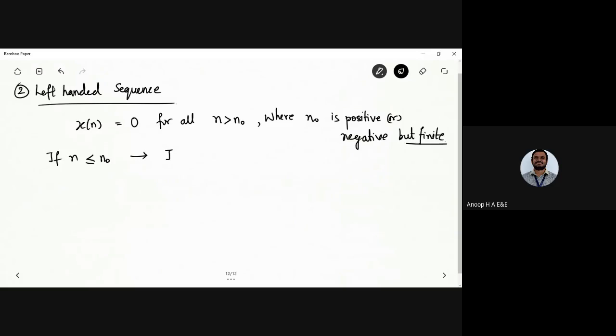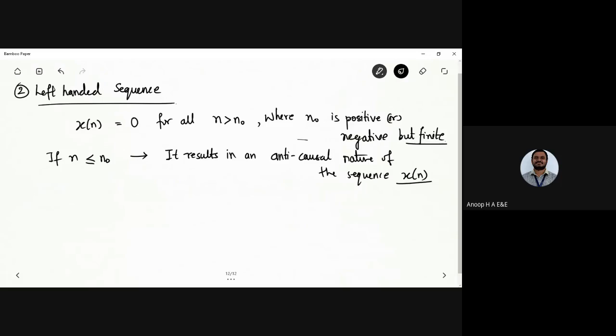it results in an anti-causal nature of the sequence x of n.